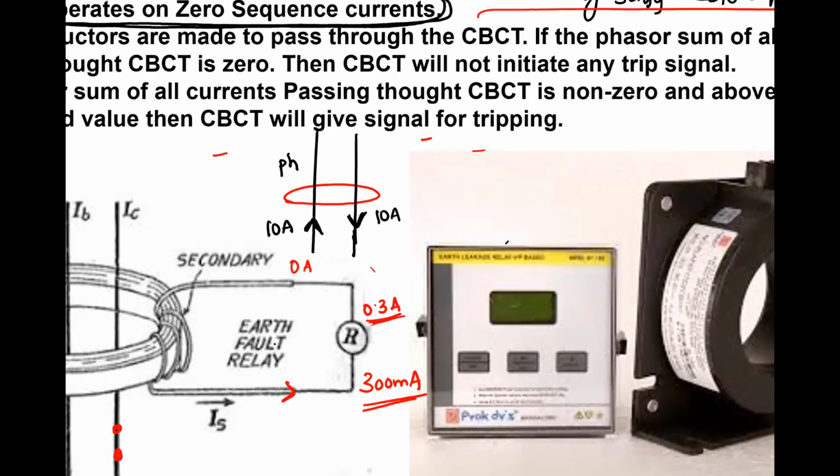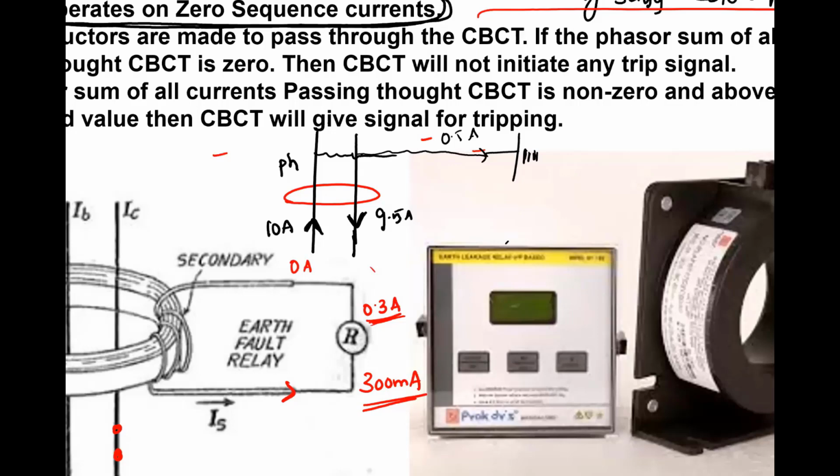Suppose there is some leakage, and my returning current is 9.5 ampere through the neutral. Somewhere in your house, a current of 0.5 ampere is leaking from the conductor to the ground. This can also be through a human body.